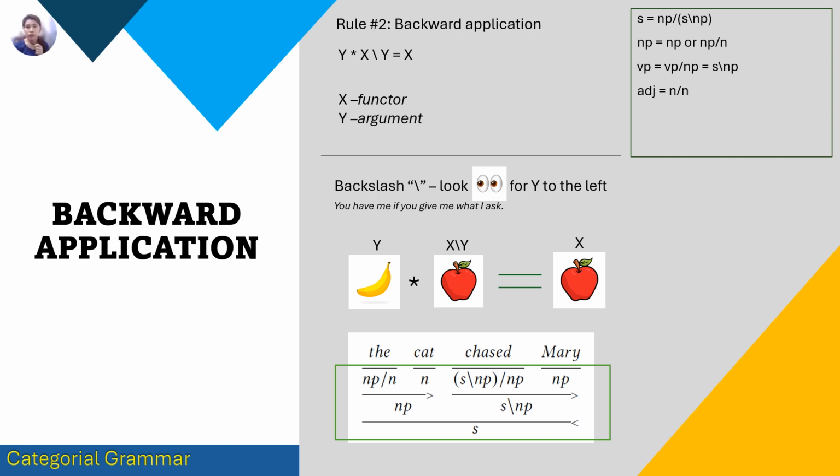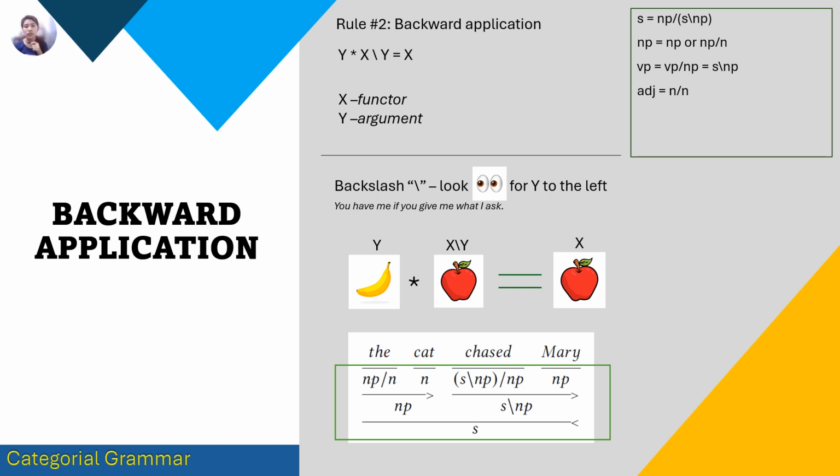The same principle with chased Mary. Still, let's focus on the second to the last line. Chased is a transitive verb. Again, it needs an object or NP for it to be complete. That's why chased here is represented by S backslash NP, looking for an NP on the right.